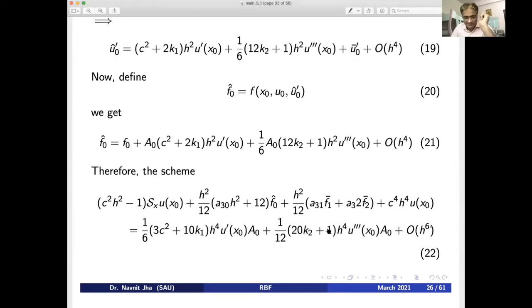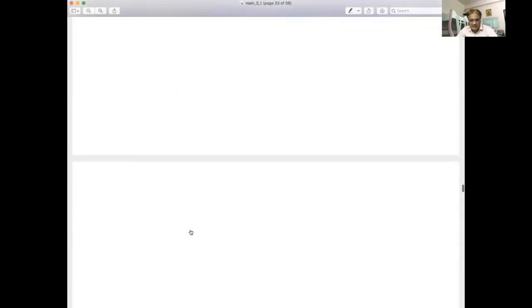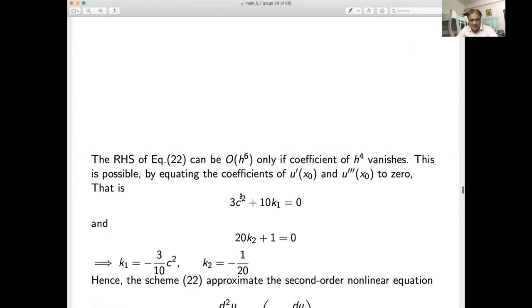So if I equate the coefficients of the u first derivative and u third derivative to 0, then what will happen? From here, this will be 0, so I can find the value of k2, and from here I can find the value of k1. Listen. Here I have got one equation, another equation, just solve them. I have got some values of k1 and k2.